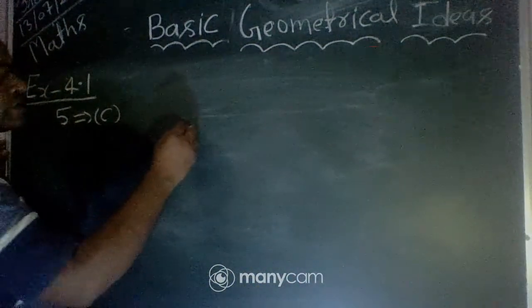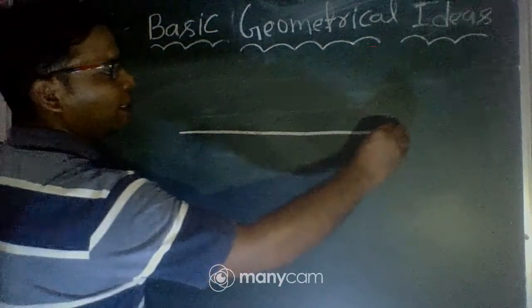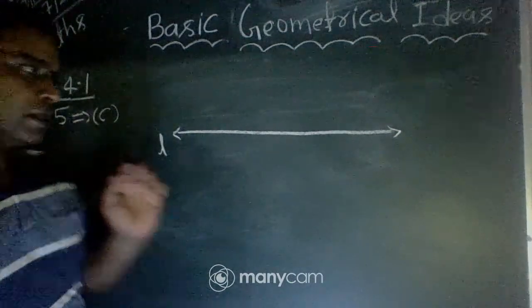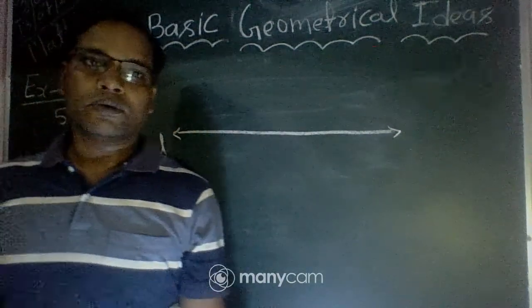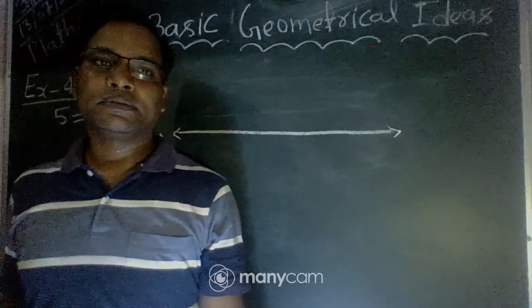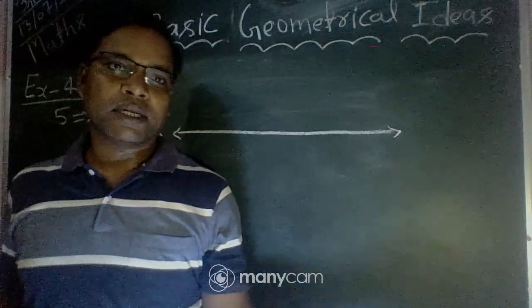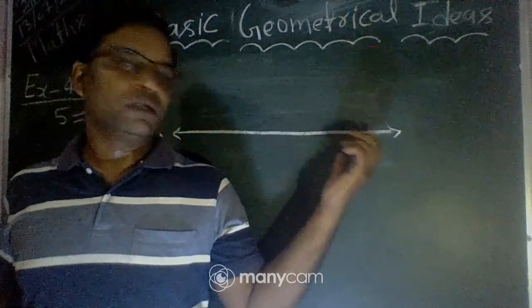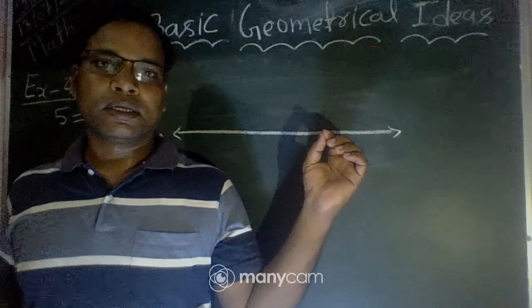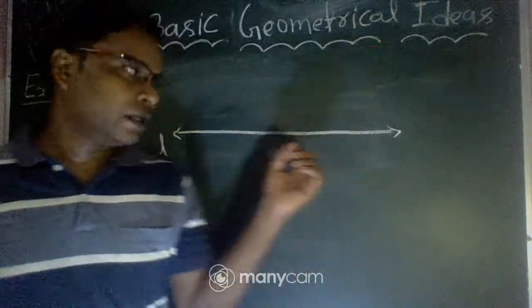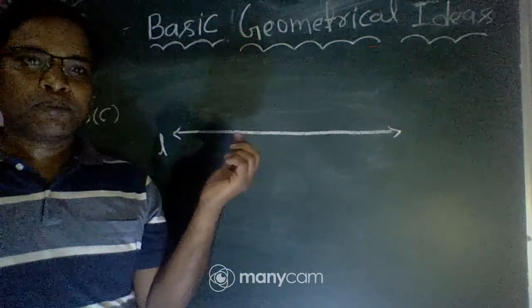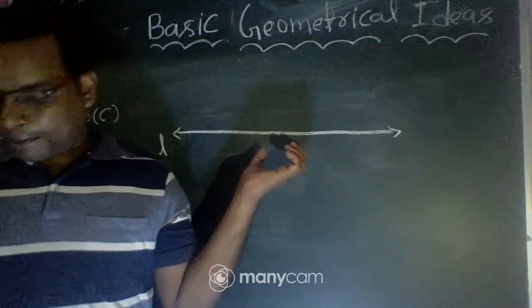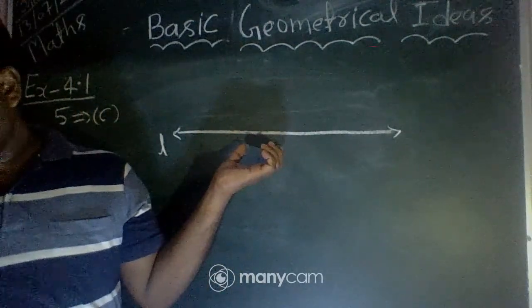This is line L. You know a line has only length, not breadth and not thickness. You can extend a line on both sides, so it is impossible to measure a line.